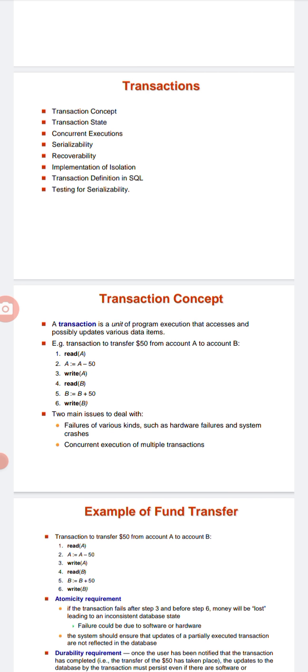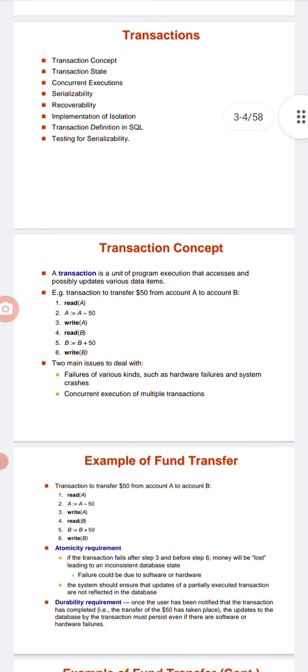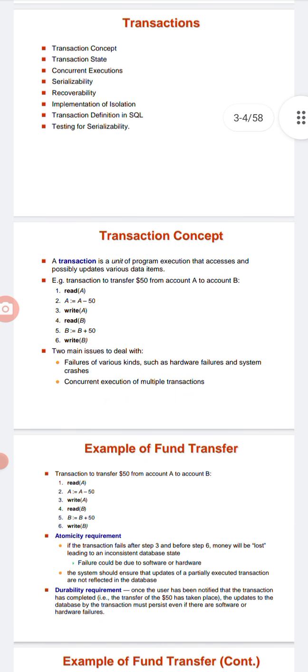Then last is write, which means we update the balance. Clear? Two main issues to deal with: failure of various kinds such as hardware failure and system crashes, and concurrent execution of multiple transactions. Many problems or issues occur during the execution of a transaction program.